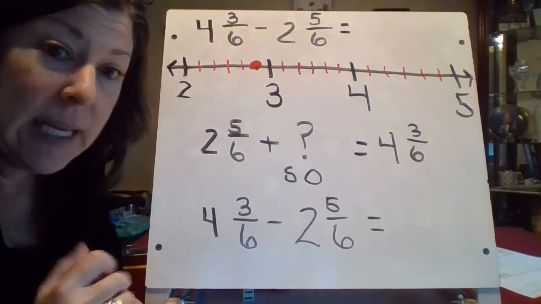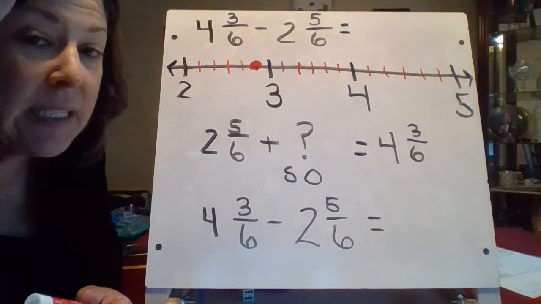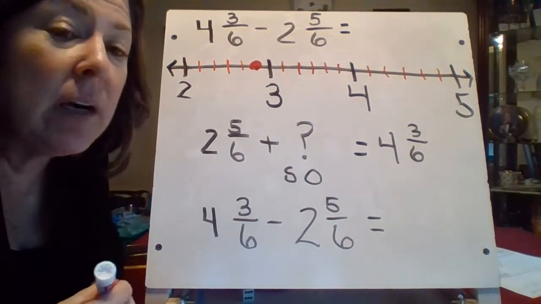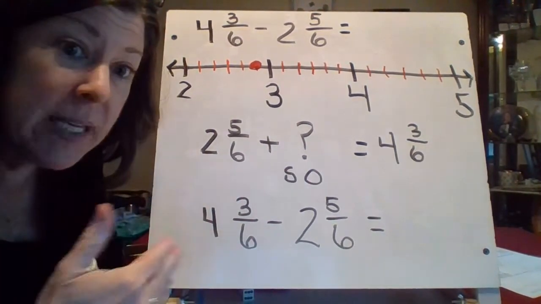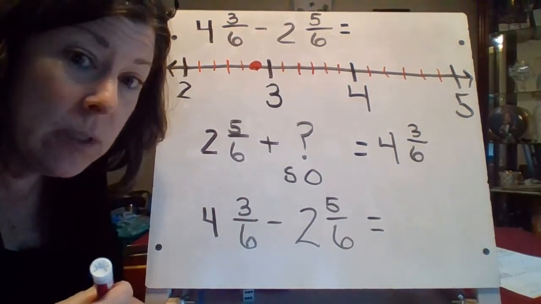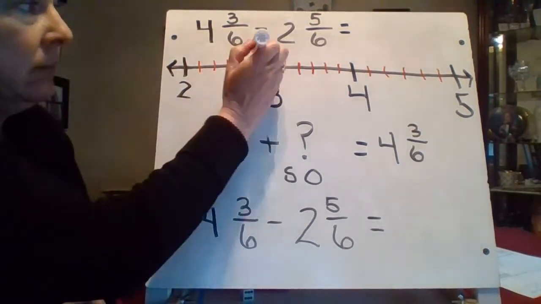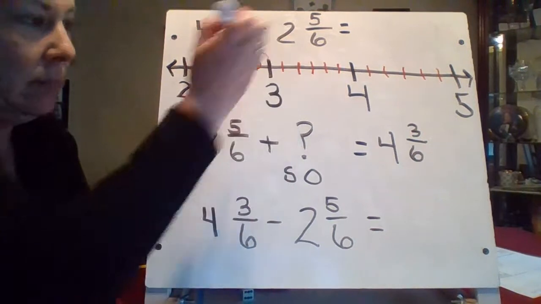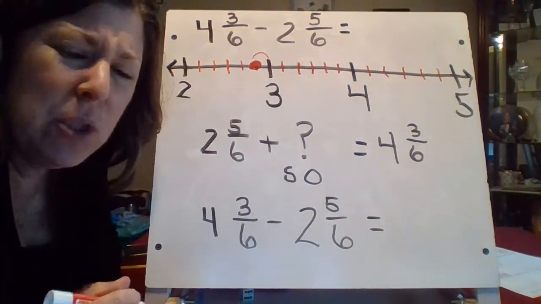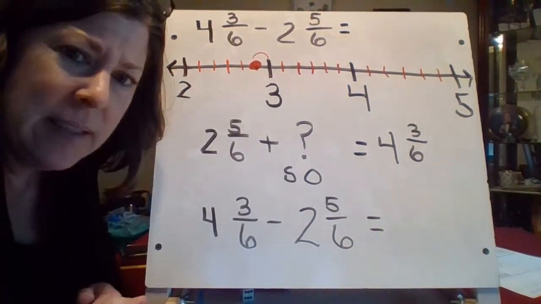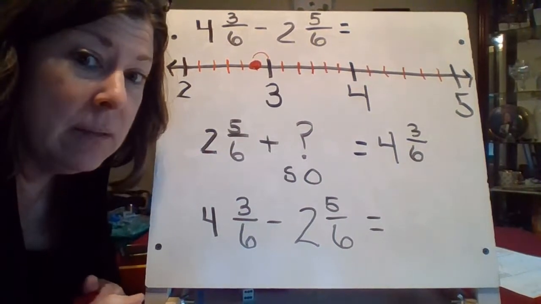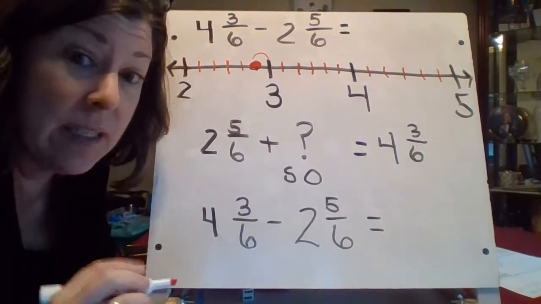So the first thing that I'm going to do is see how far I am from the next whole number. And the next whole number is 3. So when I go from 2 and 5/6 to 3, I moved up 1/6 so far.